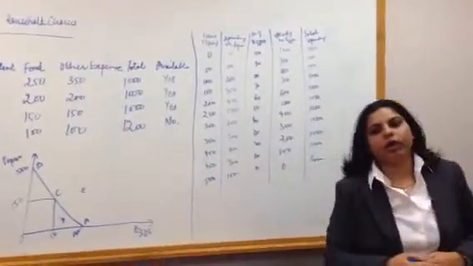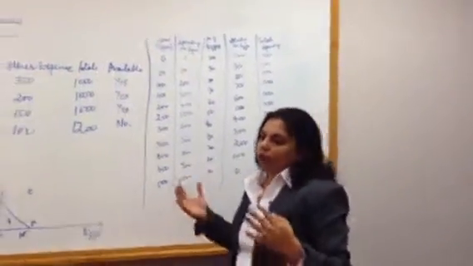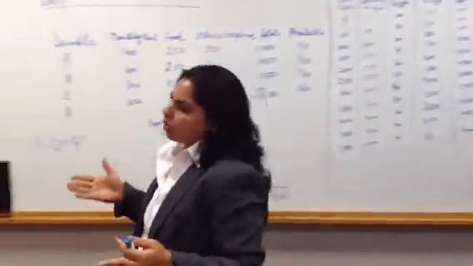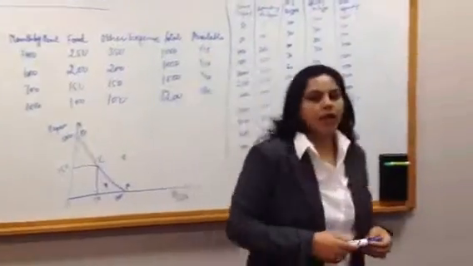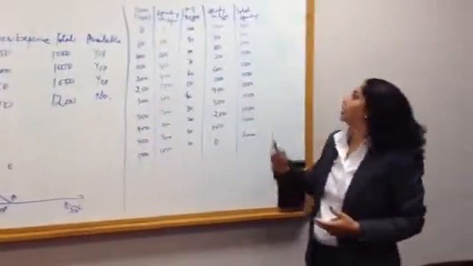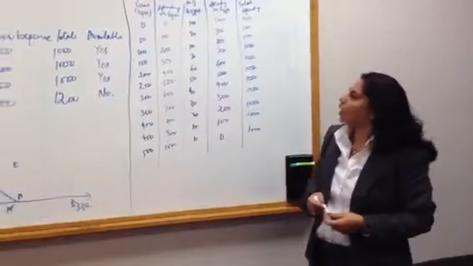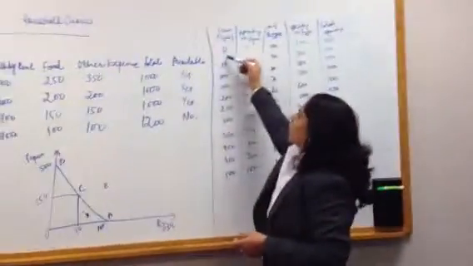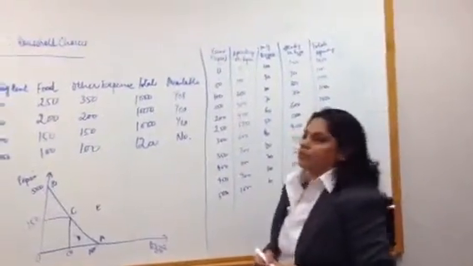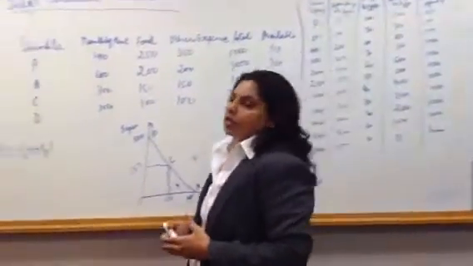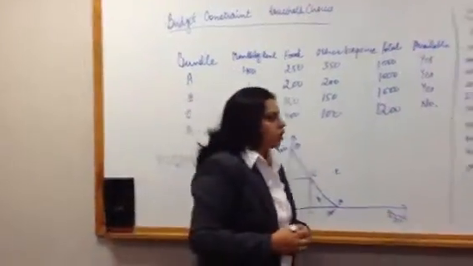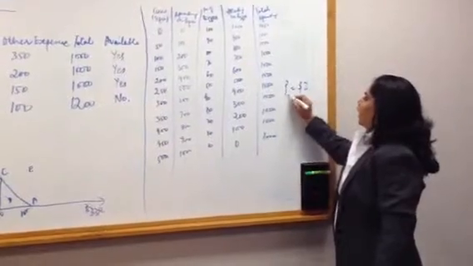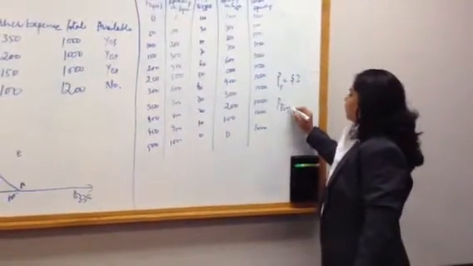Now in the real world, people are faced with different combinations of various types of goods and services, but in this case we are just assuming that Anna has to choose between two products, either Pepsi or pizza. Let's take the combination where she has 0 Pepsi. Now 0 cans of Pepsi means that she is not spending anything on Pepsi. It is also given that the price of a can of Pepsi is $2 and the price of pizza is $10.